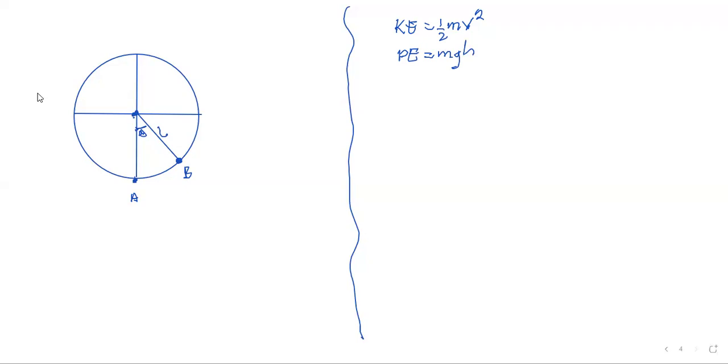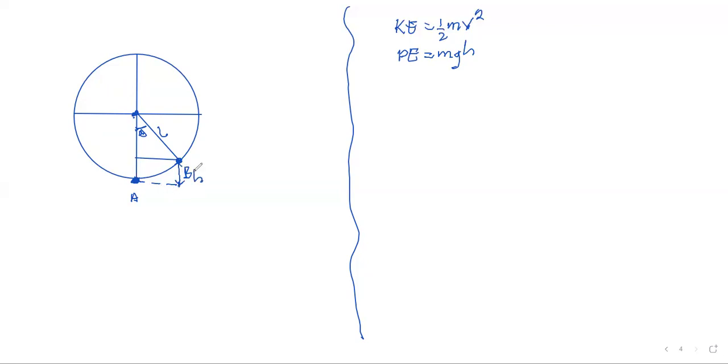Please open your eyes and watch this. When the body moves from A to B, the vertical height covered in its movement is this distance, from here to here, which is also the same as this height.